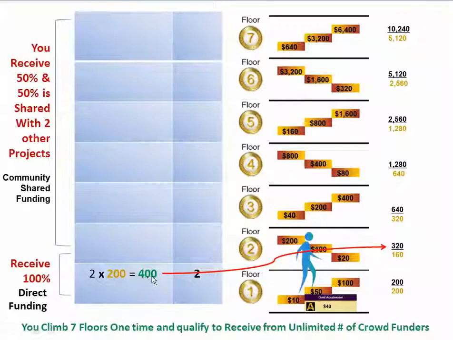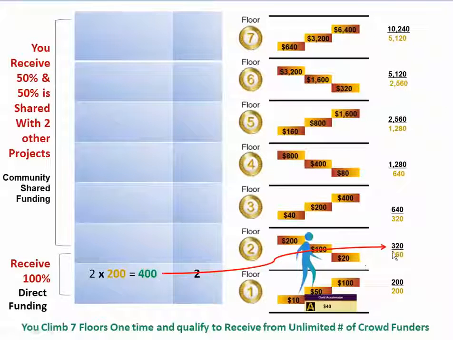Out of the $400 that you receive, based on our guidelines within the community, you can share parts of what you receive in donations and share it forward with other projects that came before you. And in this case, you're going to share first the $20 for the first step on the second floor, then the $100 step, and then the $200, which add up to $320.